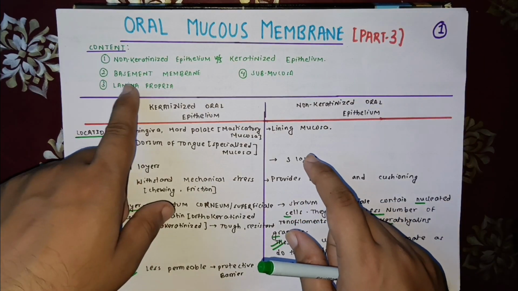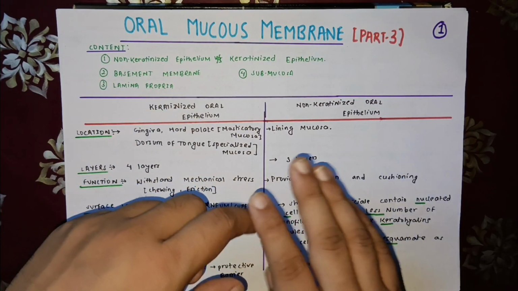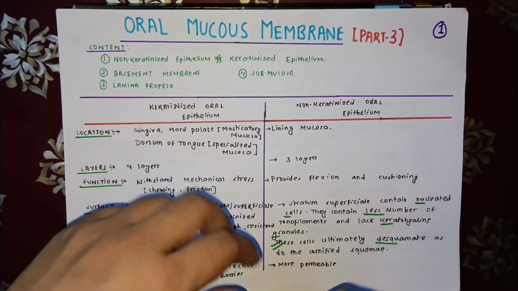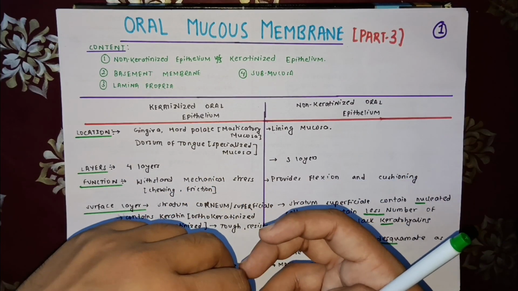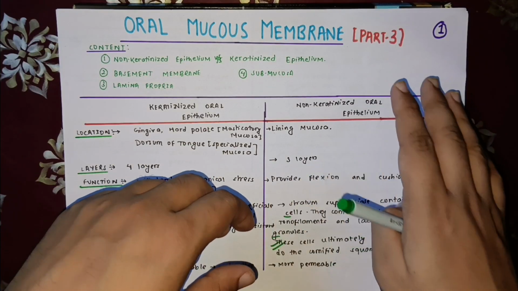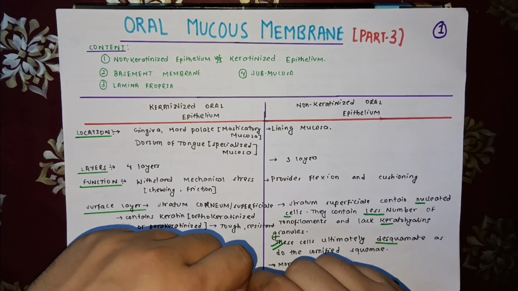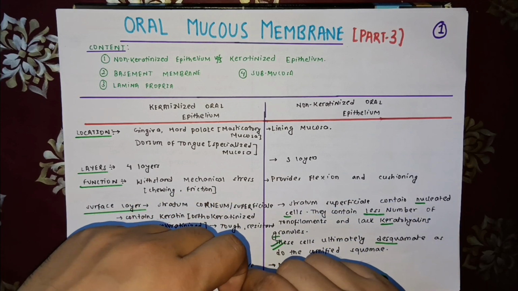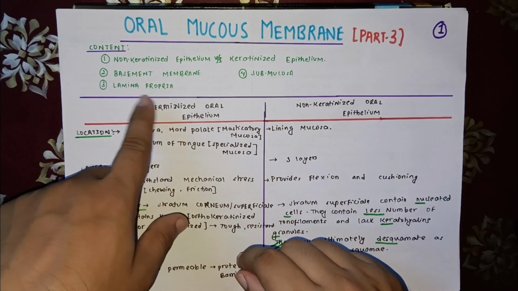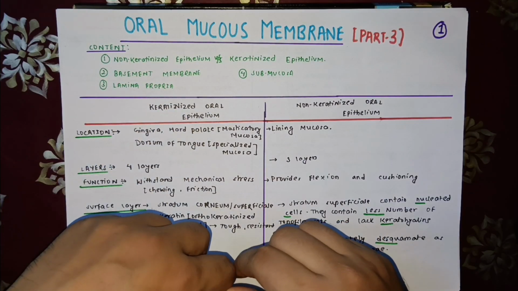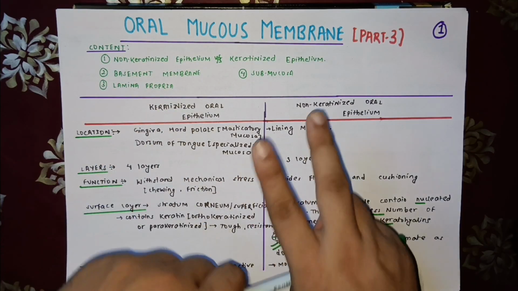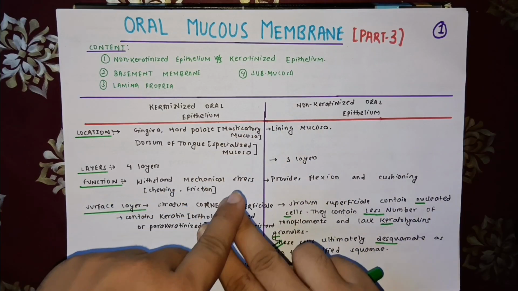After that, we discussed the basement membrane, the lamina lucida and lamina densa, their constituents, how the fibers are arranged and how the loops are formed in the lamina densa. Then the lamina propria, with its two parts, the papillary part and the reticular part.